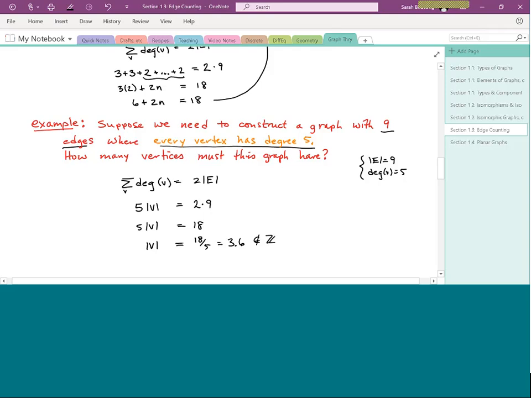Just as a heads up, that fancy Z right there stands for the set of integers, and that symbol with a slash through it means not a. So literally, the part starting at the 3.6 says 3.6 is not an integer. So why is it important here that 3.6 is not an integer? What conclusion should we draw, in other words?